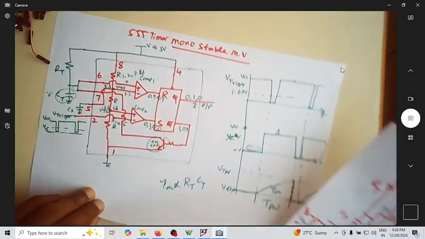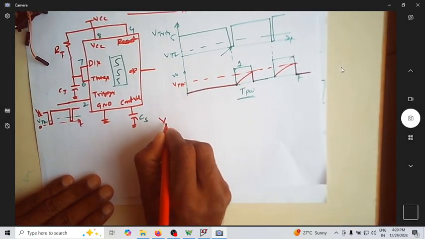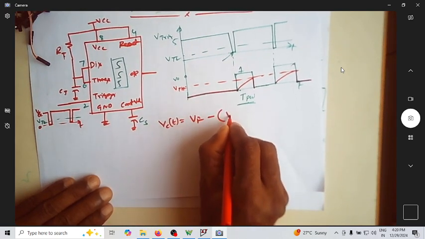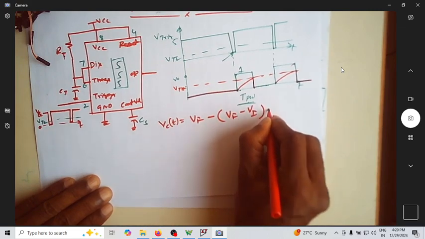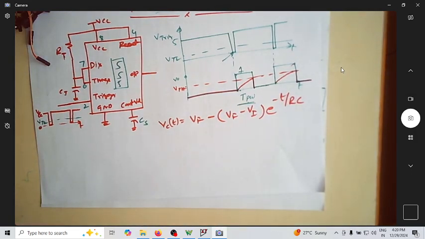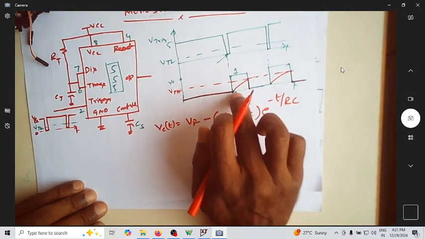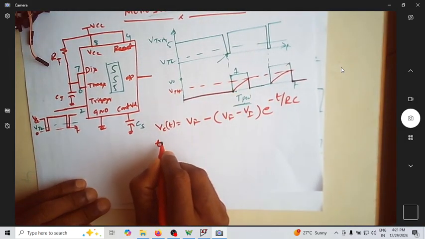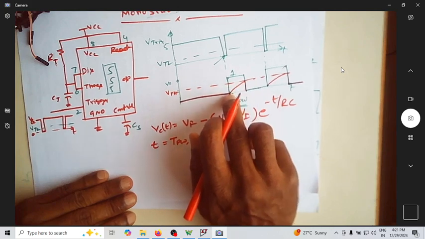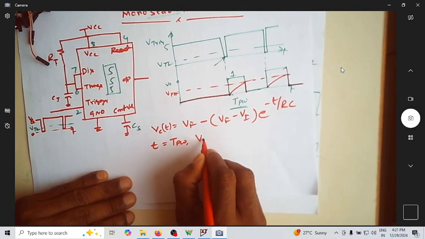As we already know the expression for the timing capacitor voltage, we have to use the same expression again. Vc of t is equal to V final minus V initial e power minus t by RC. This is a very general capacitor charging and discharging equation. Since we have to find TPW, let me substitute t as TPW. What is the final voltage?